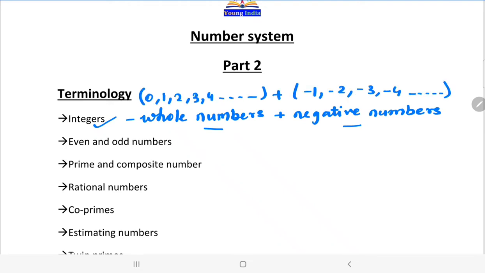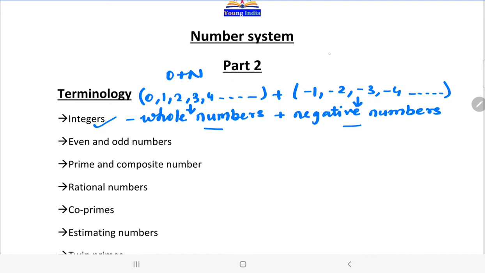So, as you are seeing here, 0, 1, 2, 3, 4, so on till infinity come under the whole numbers. Minus 1, minus 2, minus 3, minus 4, so on will come under negative numbers. Now, we have discussed what is meant by whole numbers in the previous class. Whole numbers is nothing but when we add 0 to the natural numbers, then it is whole numbers.